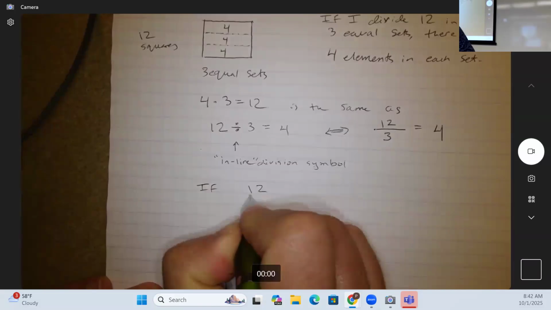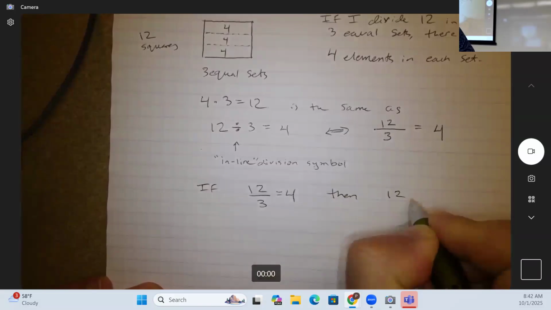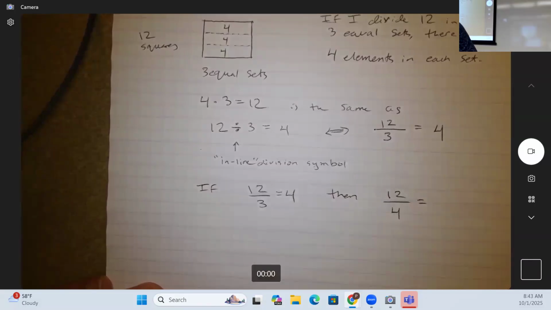If 12 divided by 3 equals 4, then what do I get when I divide 12 by 4? 3, exactly. It's not quite an associative property or a commutative property. It maybe has a specific name. I don't think it does.